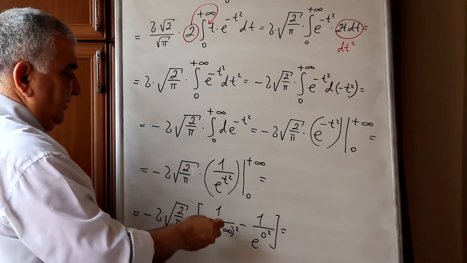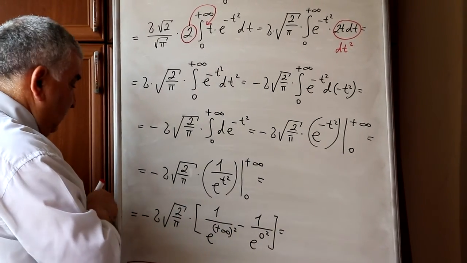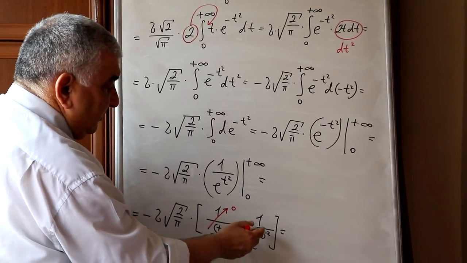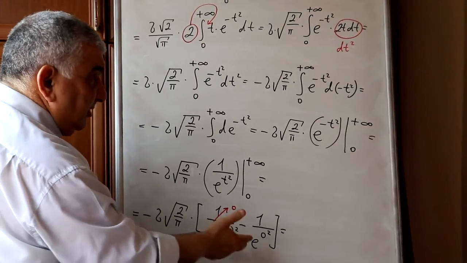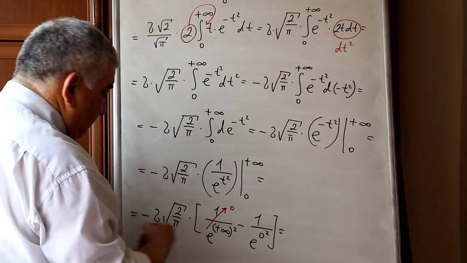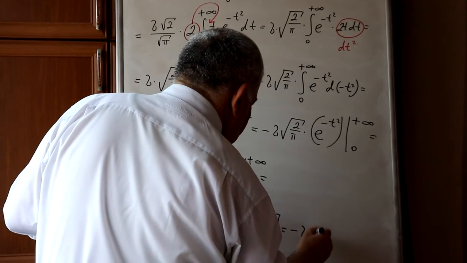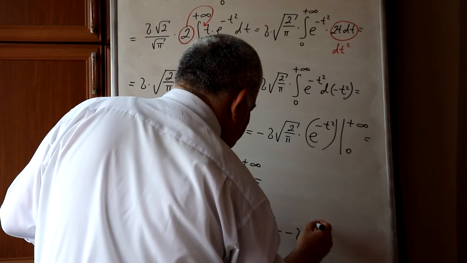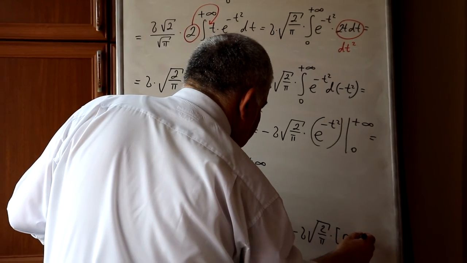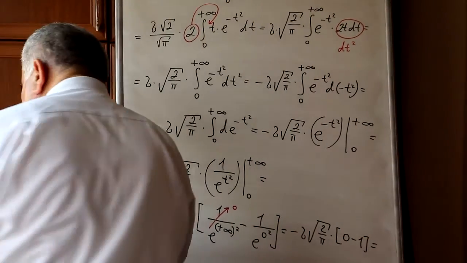Plus infinity squared is plus infinity. E to plus infinity is plus infinity. 1 over plus infinity is 0. And 0 squared is 0. E to 0 is unit. 1 over 1 is 1. And then we will have minus sigma square root of 2 over pi multiplied by 0 minus 1 and equals, then continue.